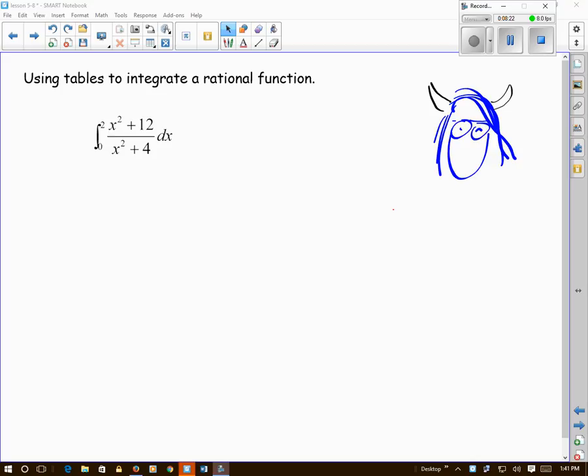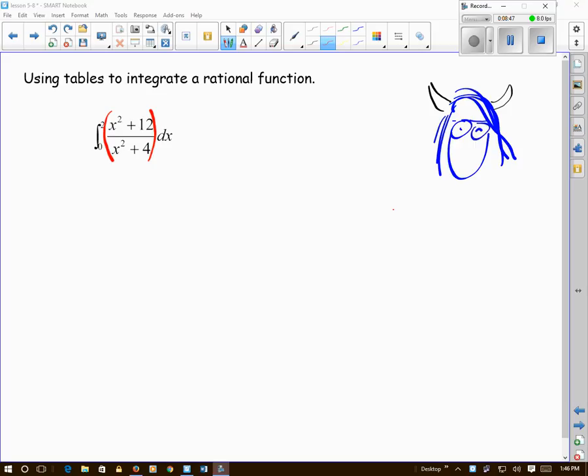And so we're going to look in our tables and try to find something that fits this form. So we've looked through the tables. We haven't really found what we wanted for this. But if we think about basic algebra, can we take this and rewrite the integrand a different way?